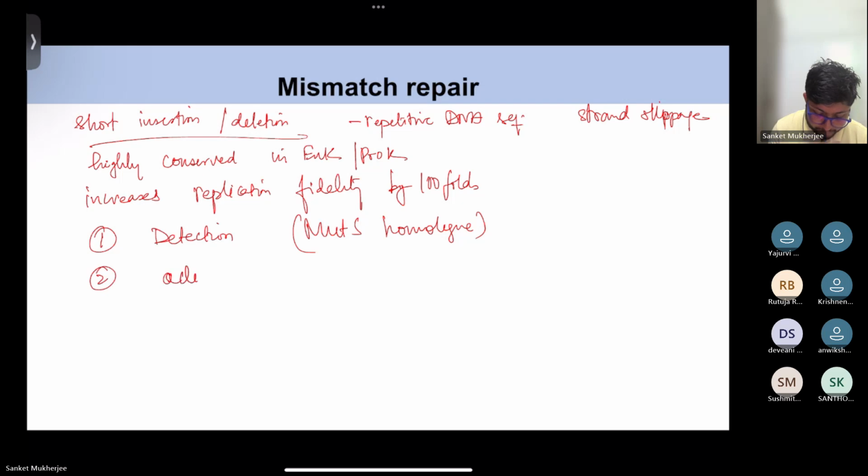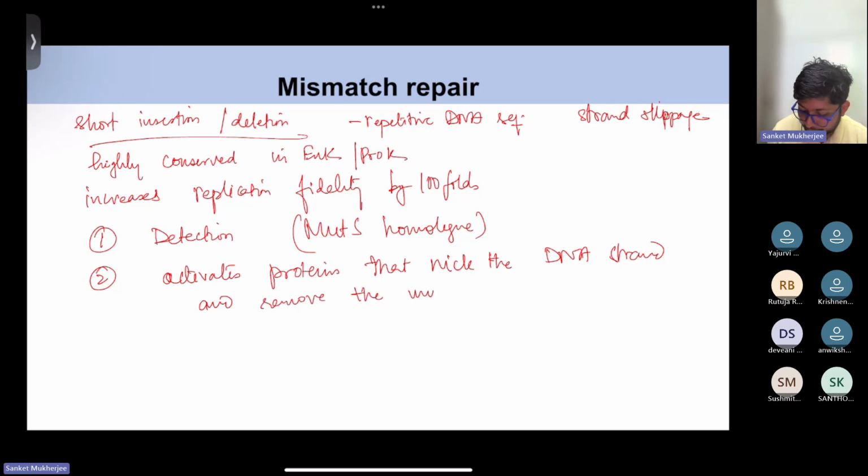So that nick this DNA strand and remove the mismatch base. After this, what happens?